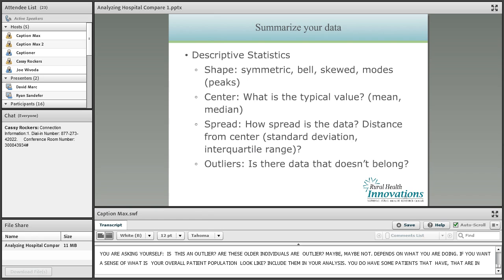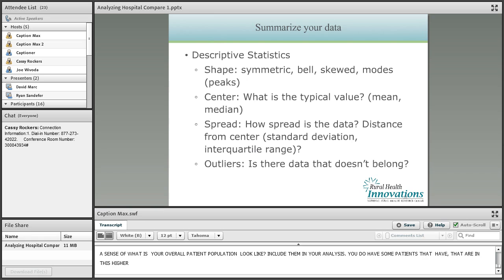the next type of descriptive statistic, the center of your data. That is, what is the typical value? What is the mean? What is the median? Also, you can think about how the shape can influence the center of my data.